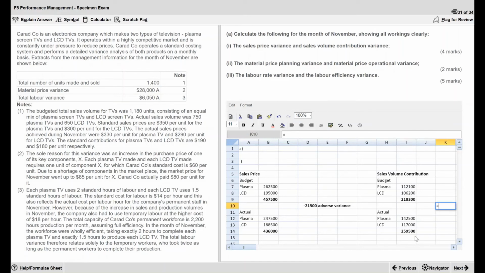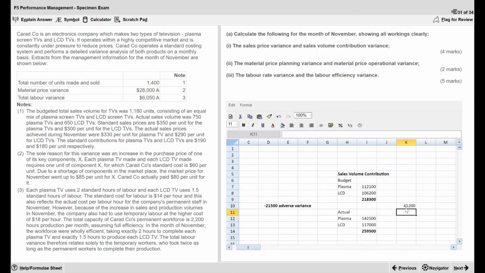As you can see, we actually sold more units than budgeted. That's why our standard contribution is favorable volume variance.